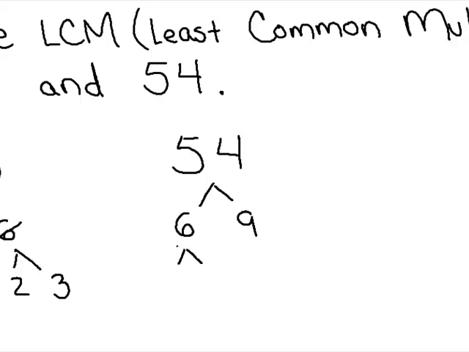And two numbers that give 6 if I multiply are 2 times 3. And two numbers that give 9 if I multiply are 3 times 3. I'm going to cross out the 6 and the 9 because we factored those out.